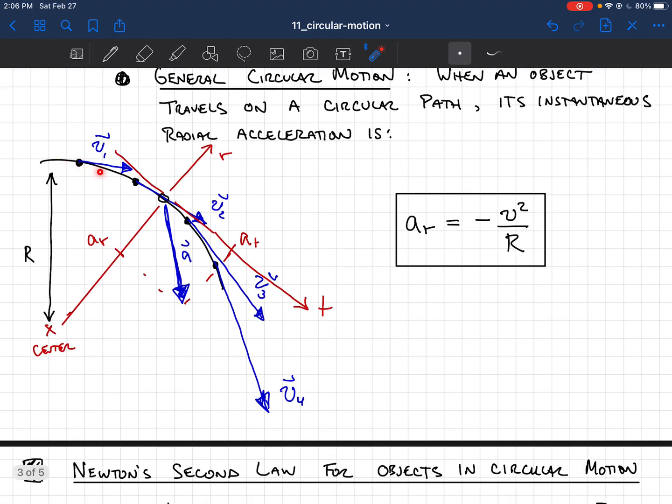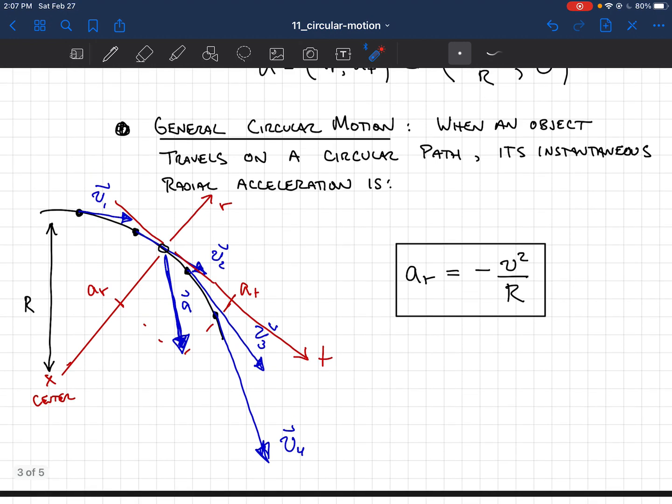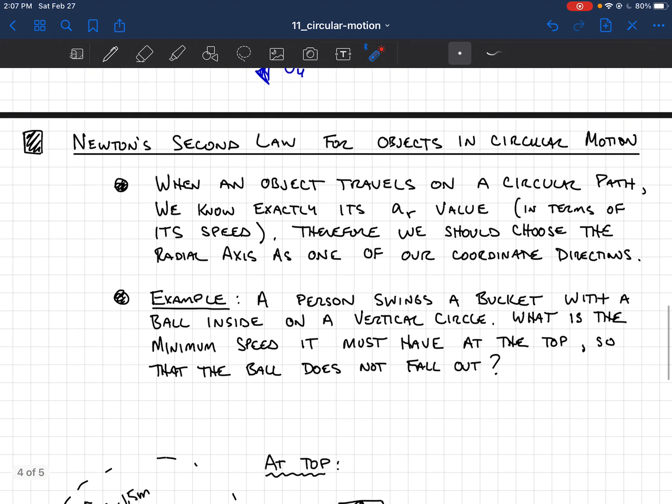Even if the object is speeding up or slowing down, the radial component will remain the same. It will still have a v squared over r if you find the component of that vector there. And we might use that in some problems. So these are the statements that we have to use about circular motion, and now we'll apply them to Newton's second law.